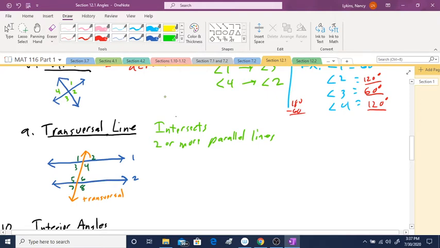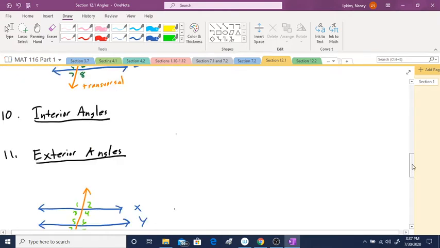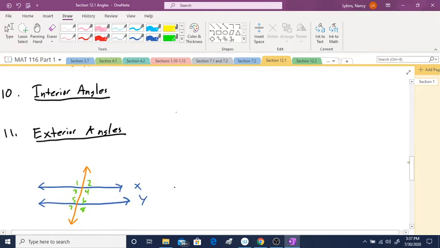Now on my next pair of terms, I'm going to use this transversal line to demonstrate how to predict what angles are. I've got interior angles and exterior angles. Interior angles means the angles inside the two parallel lines, and exterior means the angles on the outside.